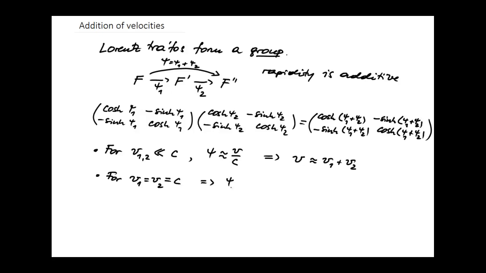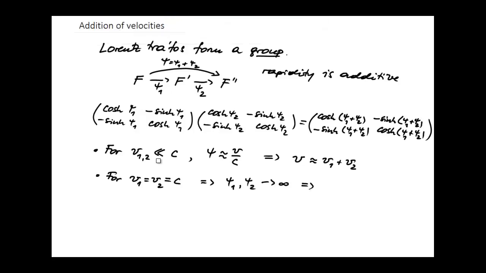What is the rapidity if the velocity is equal to the velocity of light? Rapidity was the inverse hyperbolic tangent of v over c. v over c is 1, and the inverse hyperbolic tangent of 1 is infinite.